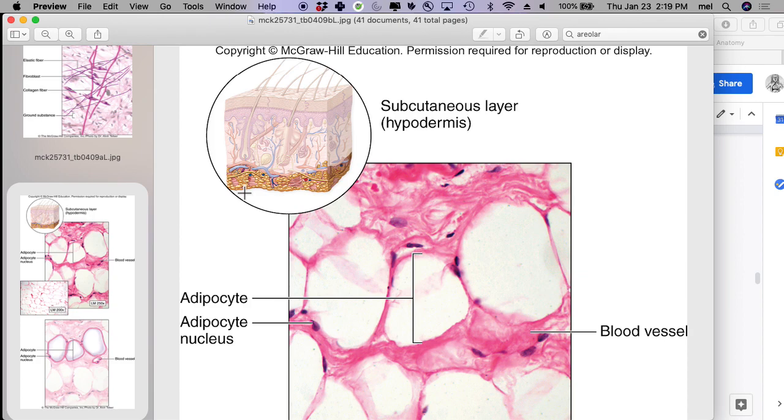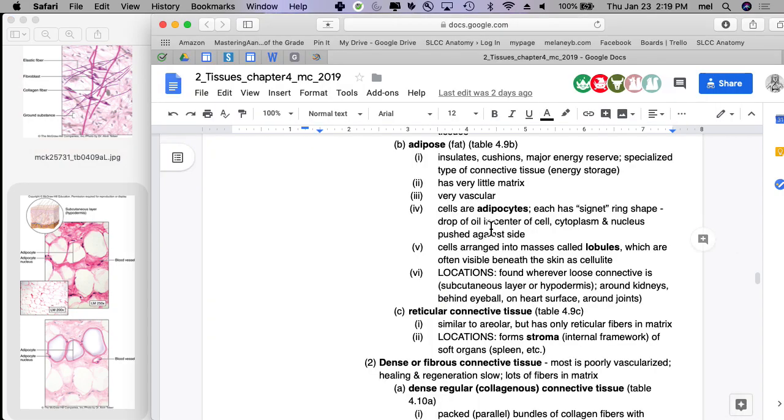Of course, the more adipose you have, the more likely you are to get cellulite, right? But do you know any skinny people with cellulite? Yes, you do. You might not know that you know them, but you do know them. It has to do with how thick your skin is, whether you actually see it, and also how much adipose you have.